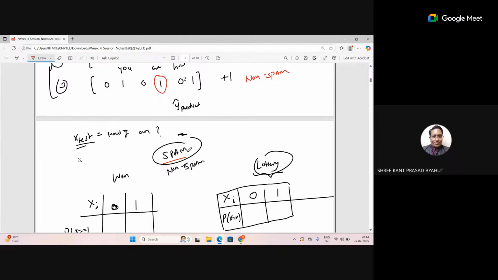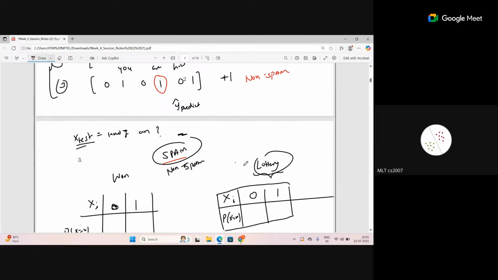In general, when lottery comes into your mind, it is most likely that it will occur in your spam email. Most of the time it might occur in spam email, and it is very unlikely, less likely, to occur in non-spam email, though it may occur.